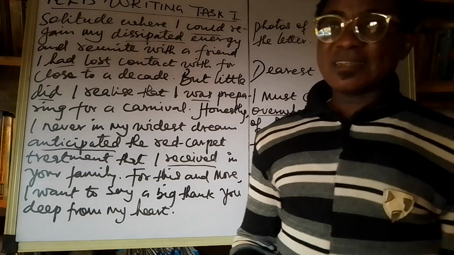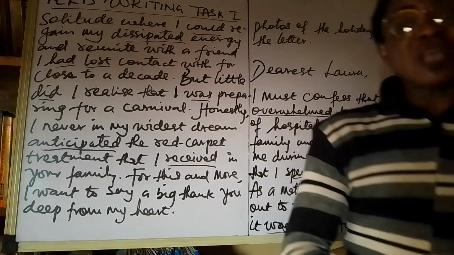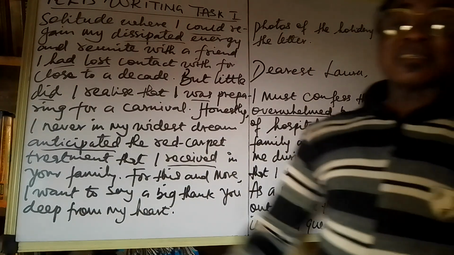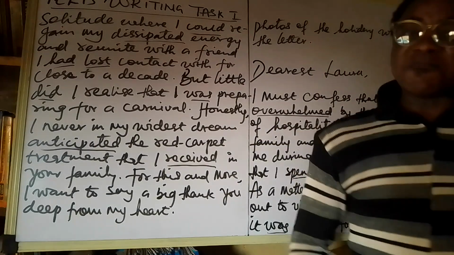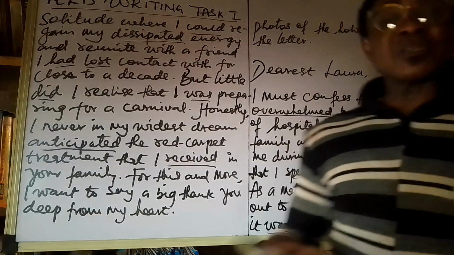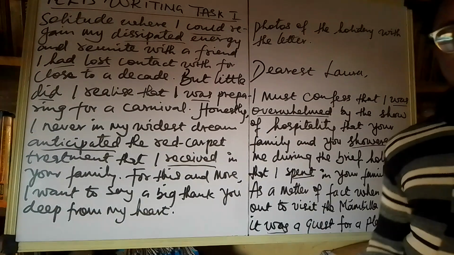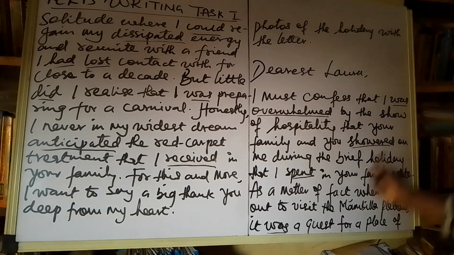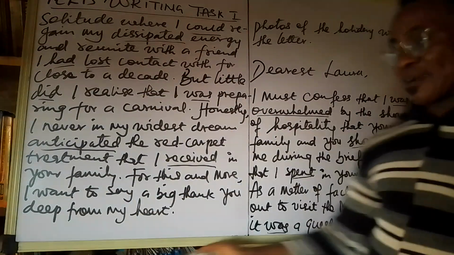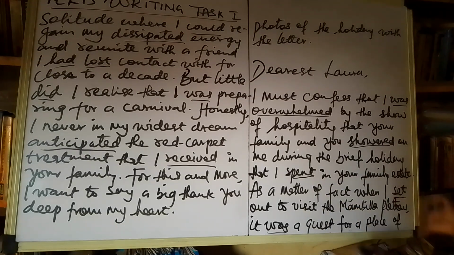A letter to a friend in whose house you spent your holiday is referring or discussing events that took place in the past. And so the writer must have skill in reporting events in the past tenses. I have therefore underlined the verbs in the introductory paragraph of this letter that are used appropriately in the past tenses.